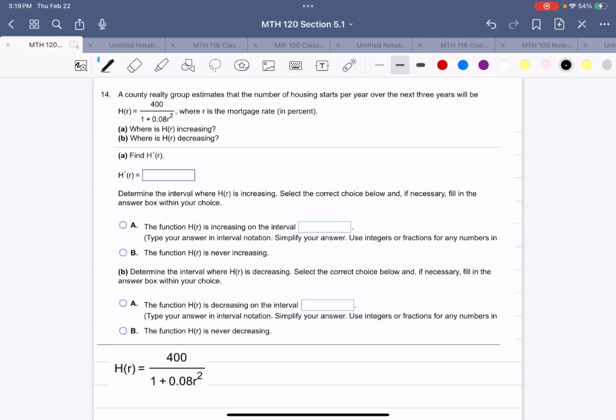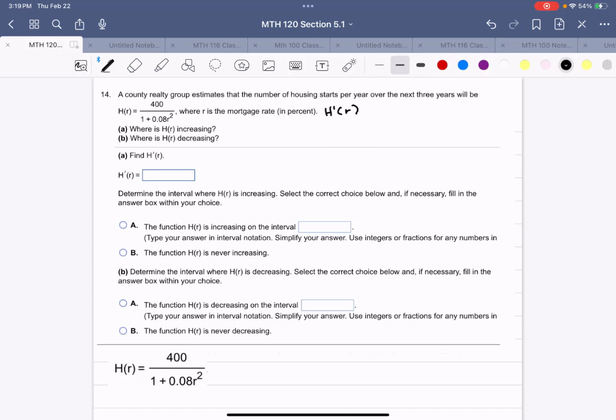First thing they ask us to do is find h prime of r, and we can use the quotient rule, or we could move the denominator to the numerator and give it a negative exponent and use the power rule. But I'm just going to go ahead and use the quotient rule since I've got a division.